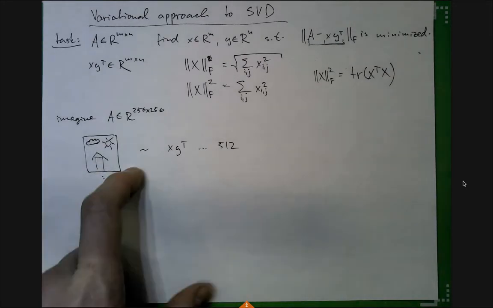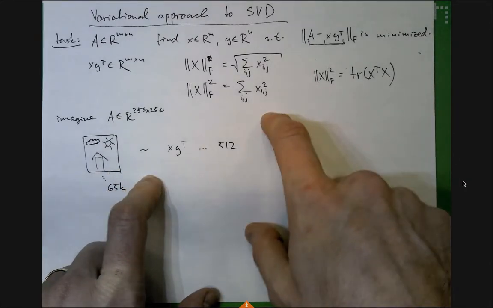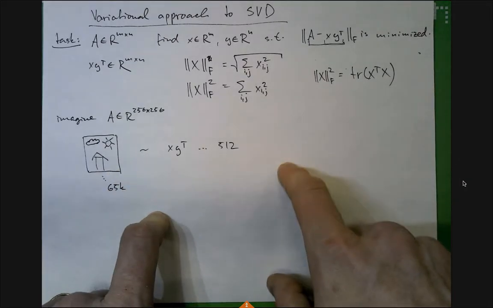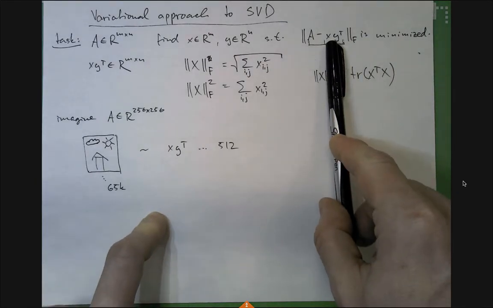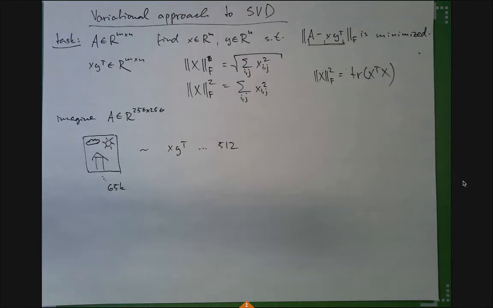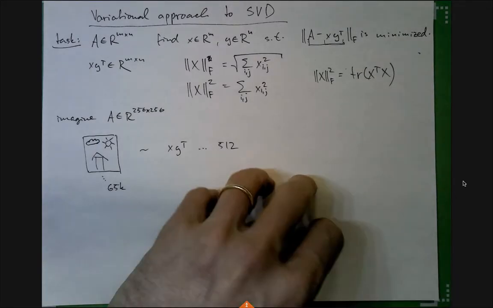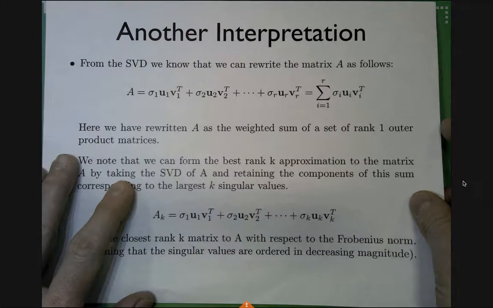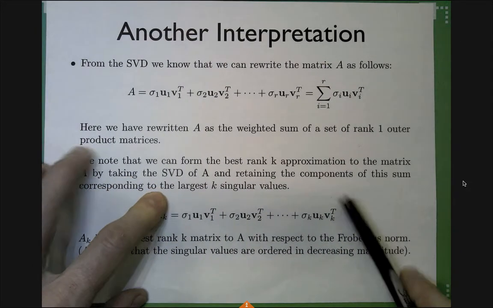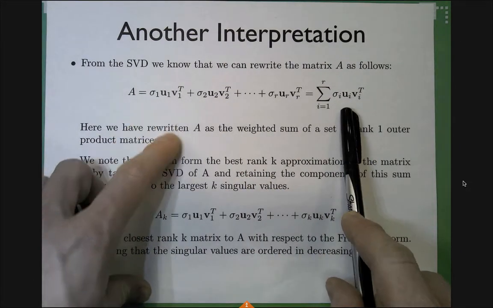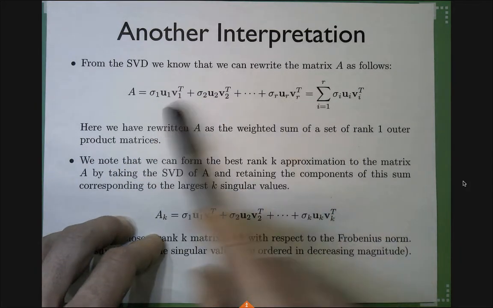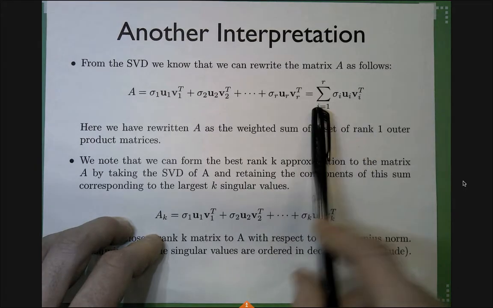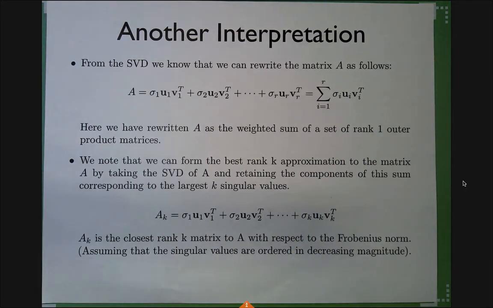But let's just talk briefly about how we would generalize this from a rank 1 matrix to a rank k matrix, okay? I think I have a slide on this. This goes back to what we talked about briefly last time, that essentially the SVD you can write as the sum of outer products, okay? Each of the matrices contributes rank 1, so all together this will be a rank R matrix.